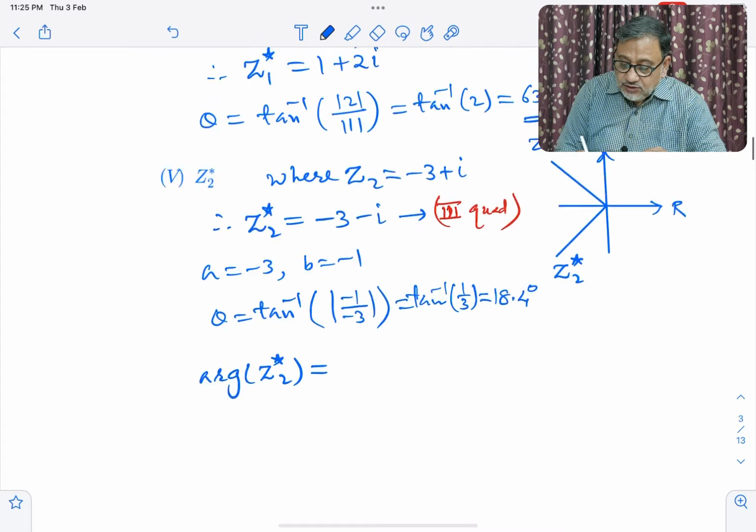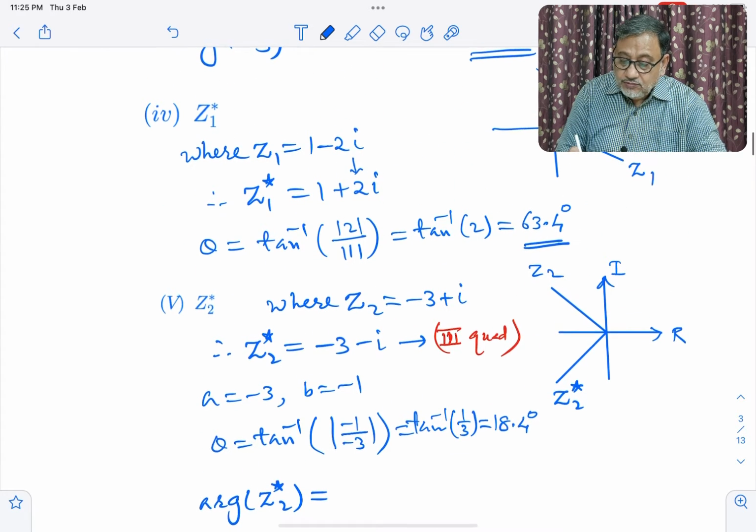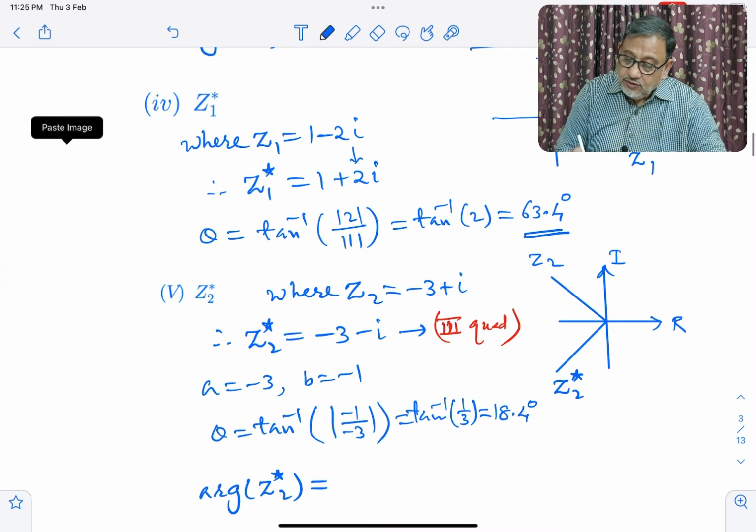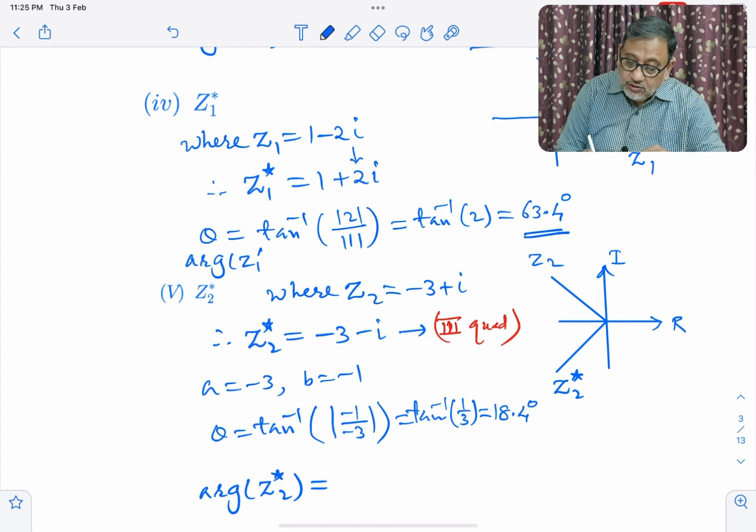Let me check whether I wrote Z1 conjugate or not. Oh, I forgot to write argument of Z1 conjugate. Because it is the same angle, it is 63.4 degrees.